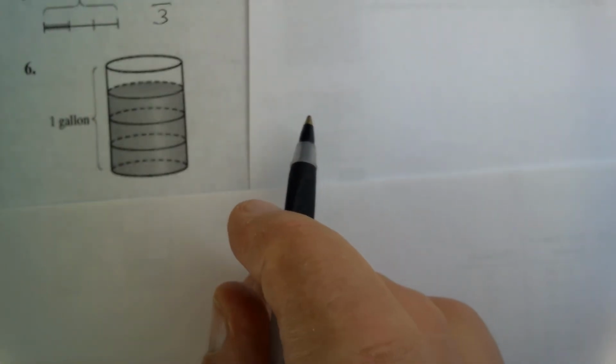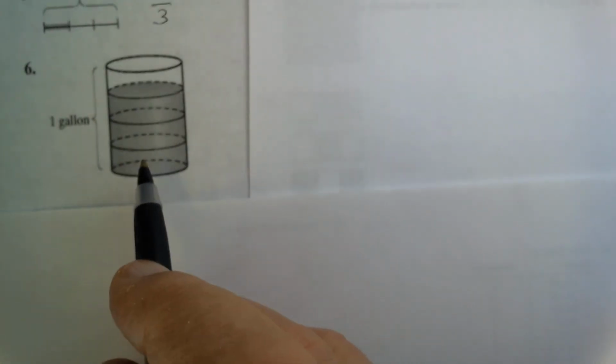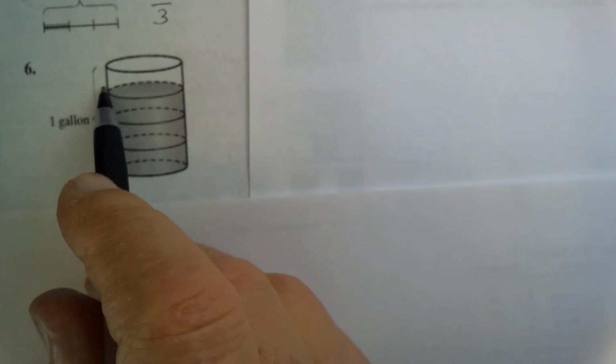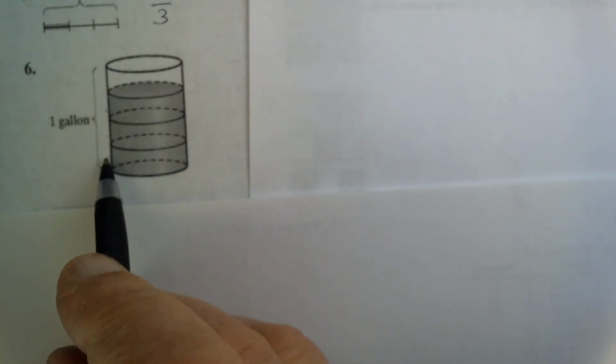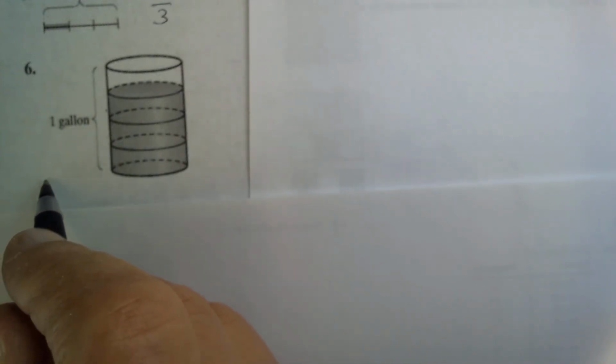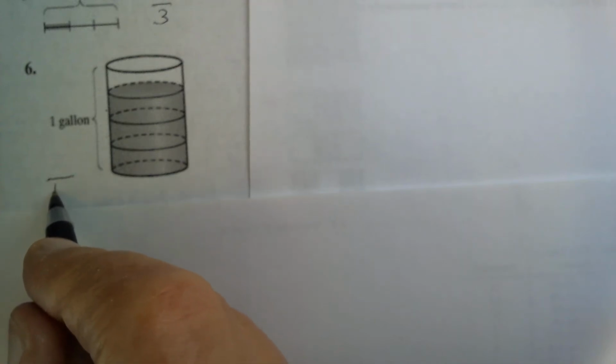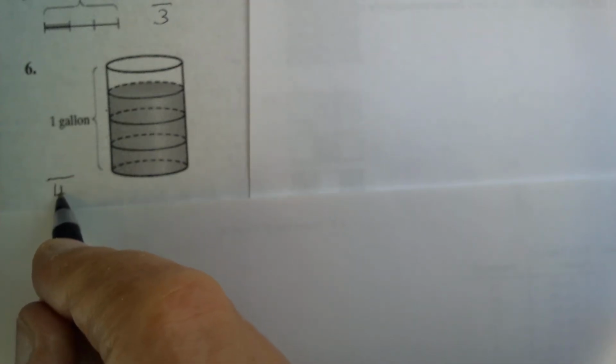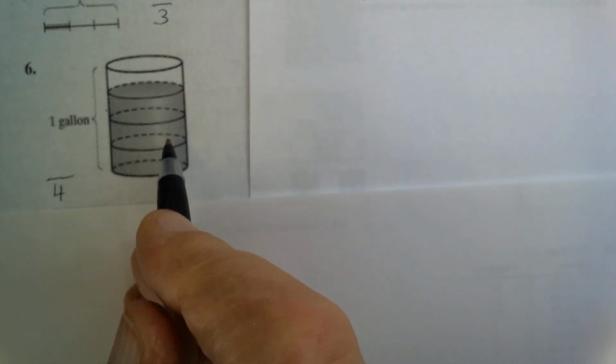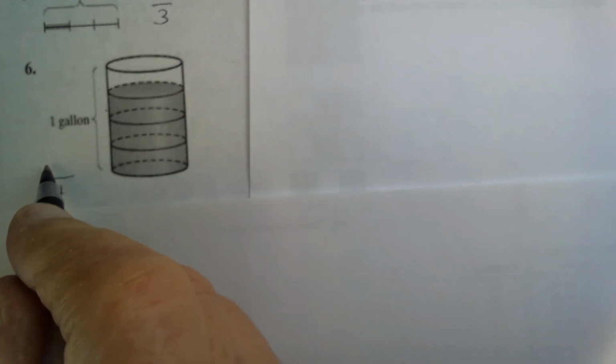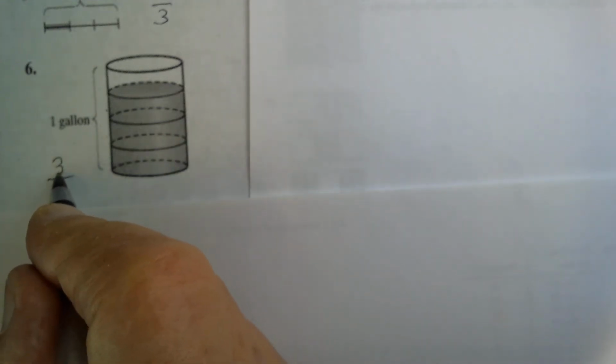In exercise number 6, we are looking at a whole gallon. So there are 1, 2, 3, 4 parts altogether, and 1, 2, 3 of them are shaded. So what's shaded is 3/4 of a gallon.